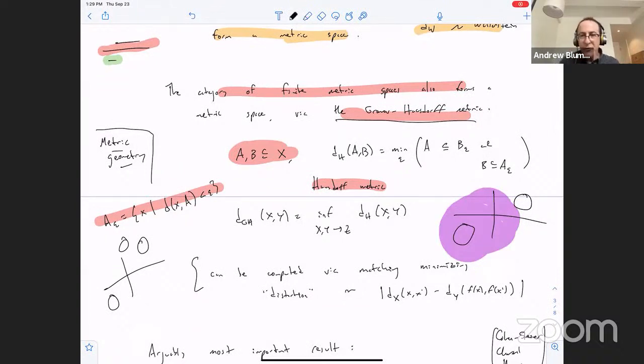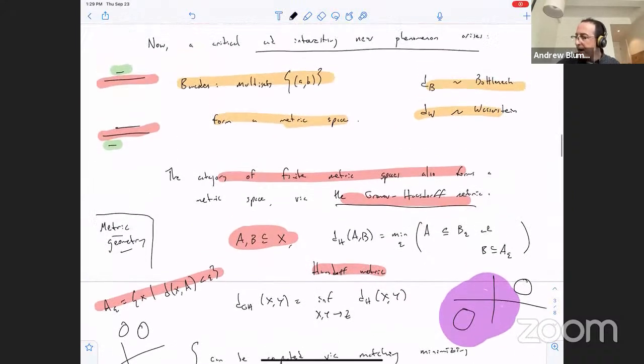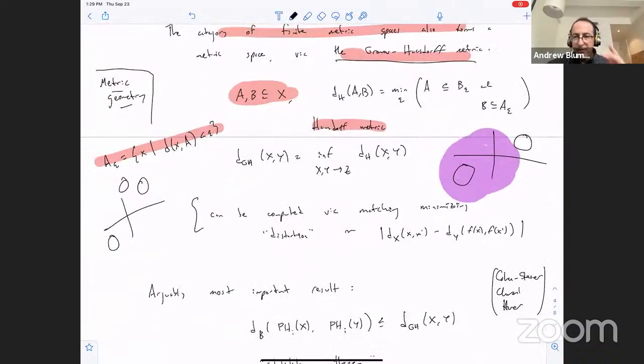So the idea of the Gromov-Hausdorff distance is, you take the inf, for any two metric spaces, over all possible isometric embeddings in some bigger ambient space, of the Hausdorff distance. So in the case of these two circles, there's this embedding, but there's also the embedding that puts them on top of each other. And for that one, the Hausdorff distance is going to be small.